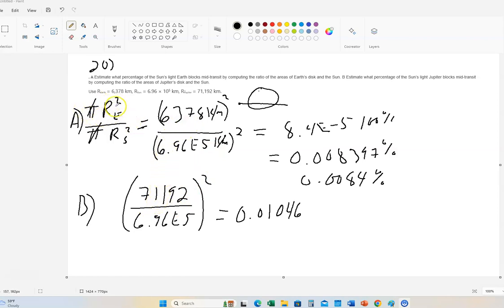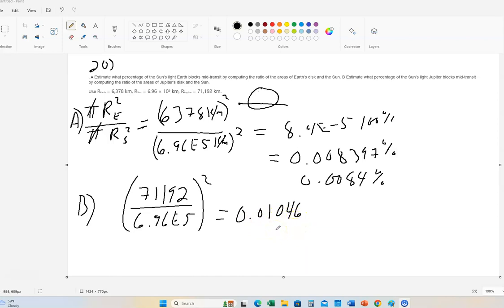It's just the ratio of the radius of Jupiter divided by the radius of the sun, and you could square these individually or just square the ratio. It absolutely doesn't matter. When you do this, you get 0.01046, and it goes on.